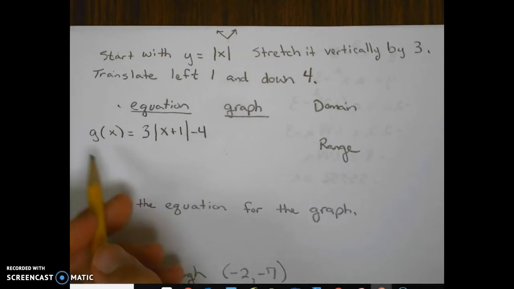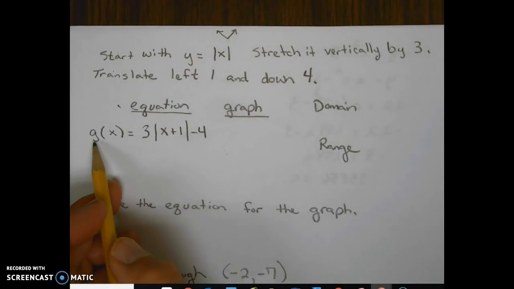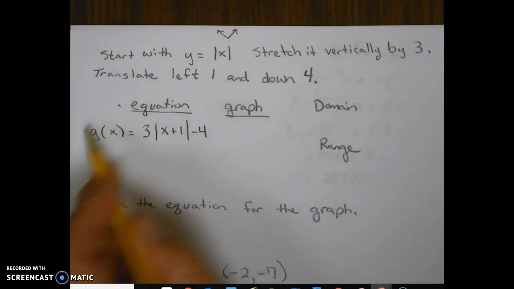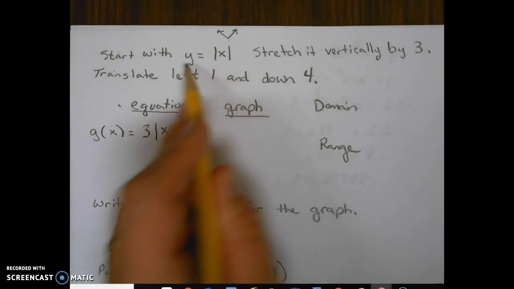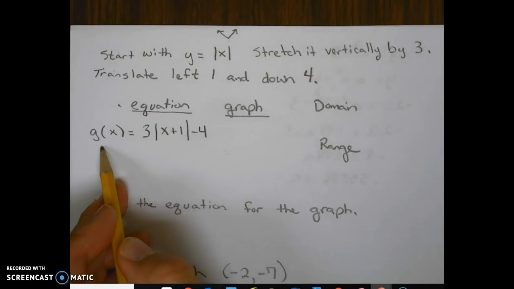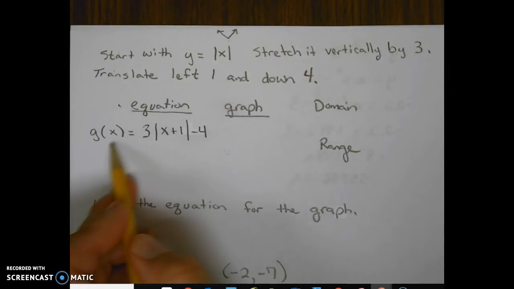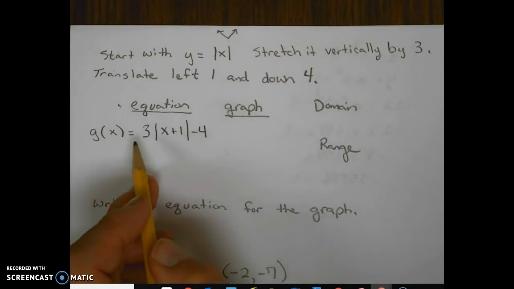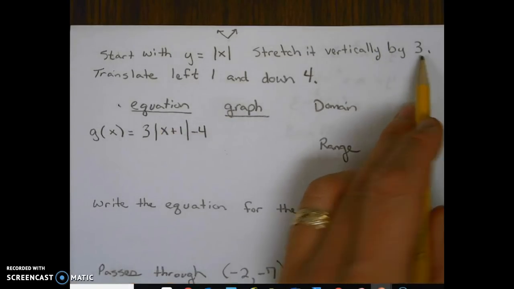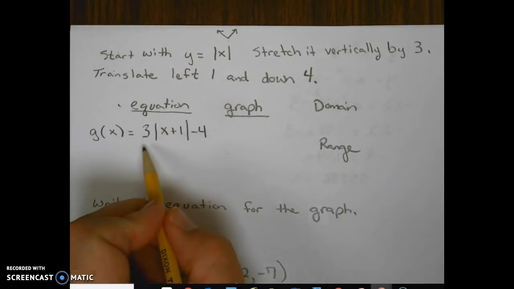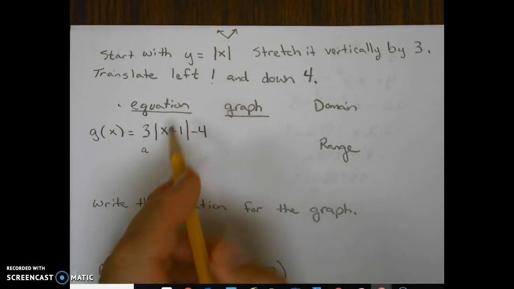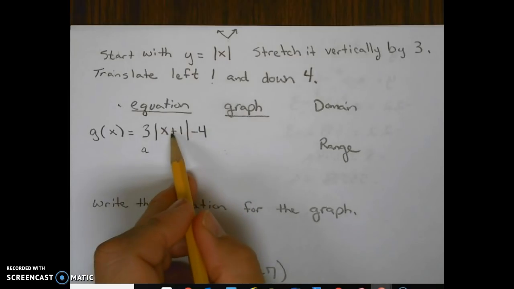So right here is our equation that I wrote. I went ahead and used function notation. Remember, g of x represents y. You don't have to use g of x. You could use h of x, f of x, p of x, whatever you want to label your transformed equation is fine with me. Okay, it's being multiplied by 3, so we have 3 as the a value, and it's translated left 1, so remember opposite, so x plus 1.